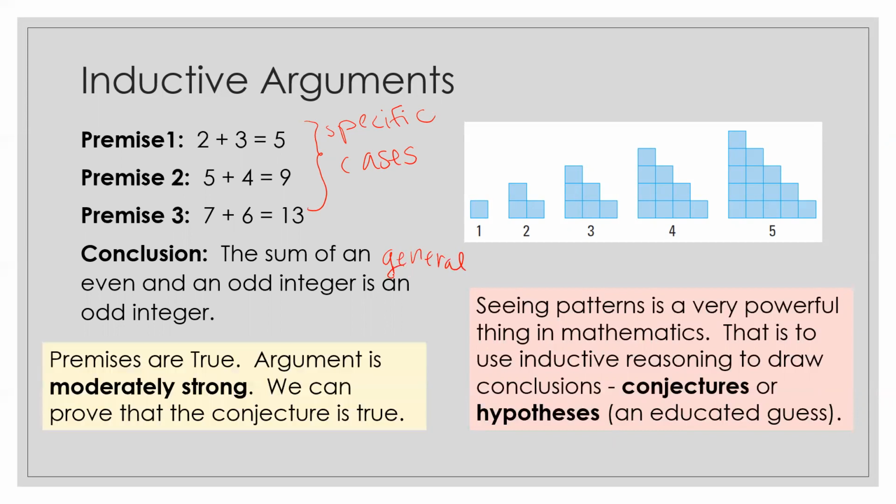In this case, the premises are true, so the argument is moderately strong. If we use deductive reasoning, we could actually prove that this conjecture is true. But as far as this inductive argument goes, we could say that it's moderately strong because the premises are true.